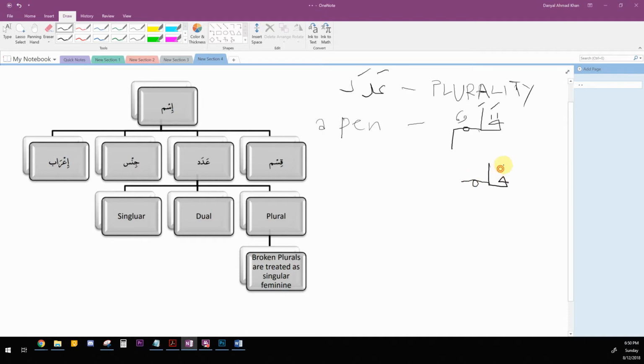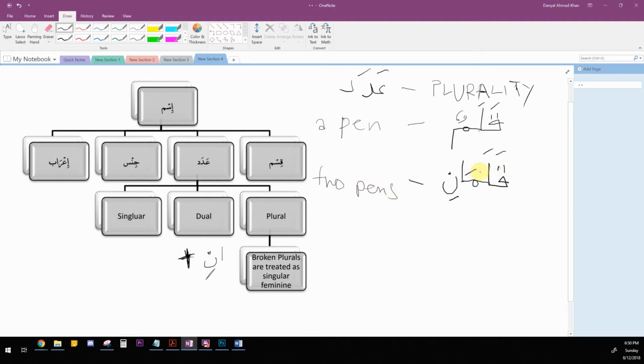All you have to do is add an alif nun. Nun has a kasra. That's it. Very simple. So these two are now equivalent.